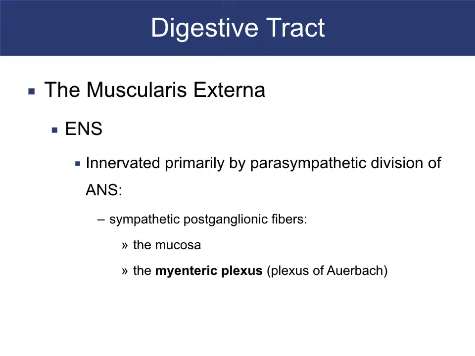Most of our guts run on the parasympathetic nervous system. Remember, rest and digest, parasympathetic. So sure enough, most of the ENS, this nervous system of the gut, is primarily parasympathetic.